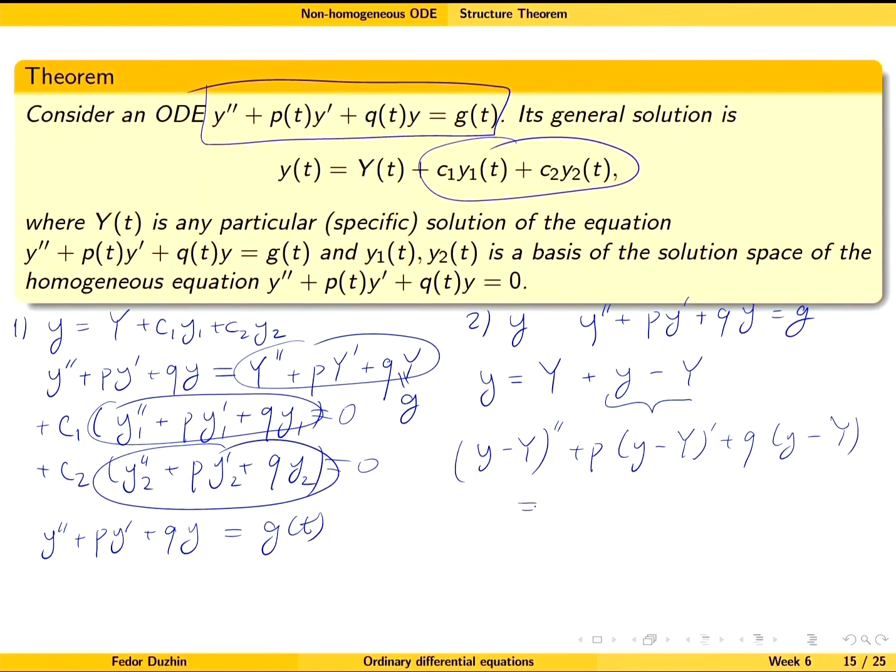Well, but this is just g minus g, which is 0, so it's true, right? So this y small minus y capital is indeed a solution of the corresponding homogeneous equation, which means it can be expressed as a linear combination of basis solutions. So the theorem is proved.